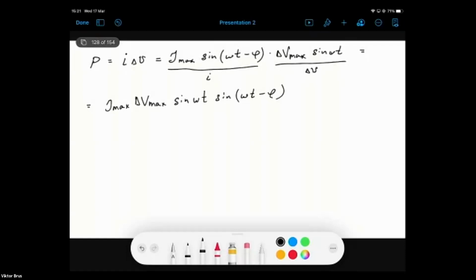take into account one trigonometry identity, which is sinus omega t minus phi could be represented as sinus omega t times cosinus phi minus cosinus omega t times sinus phi.